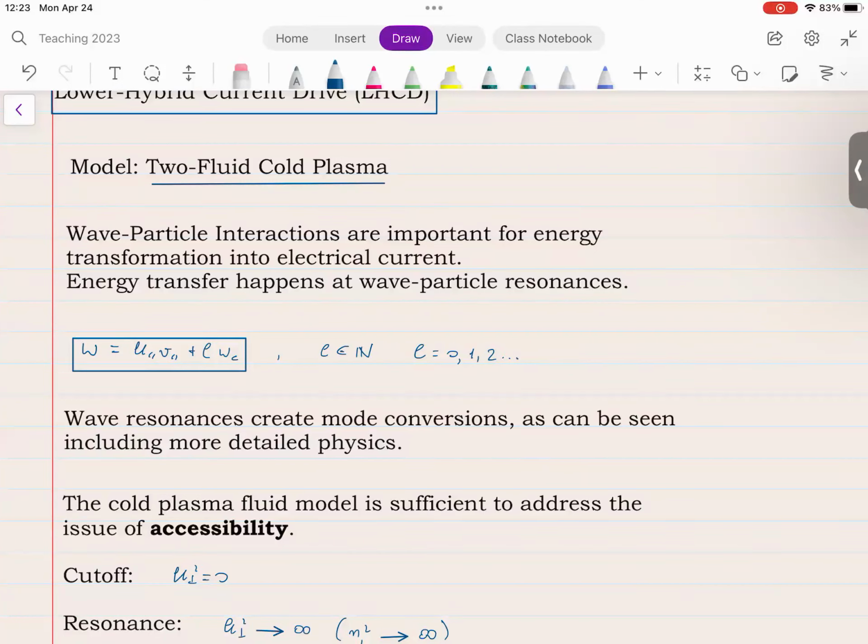So it turns out that the electrons that are going to be absorbing the energy coming from the wave have a velocity that's about 3 times the thermal velocity. And that's where the peak of the energy deposition is going to be.